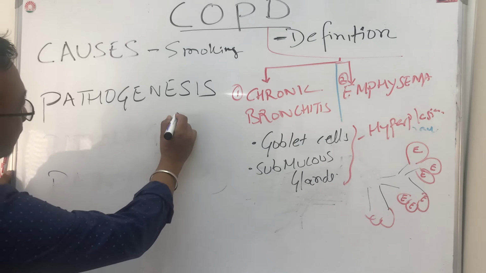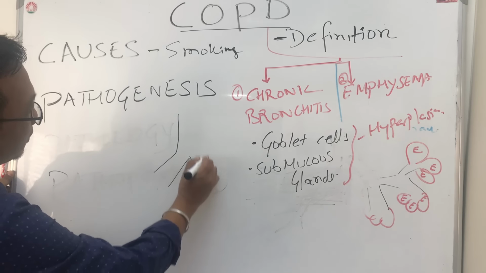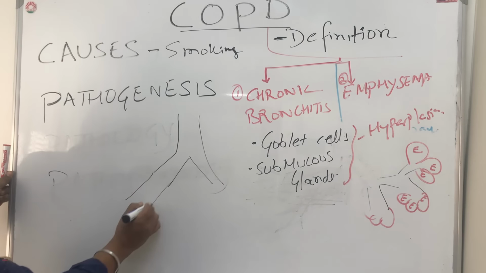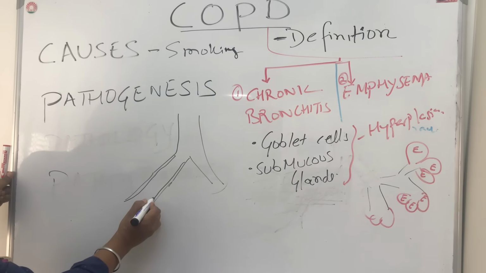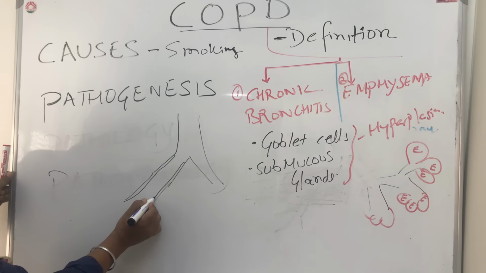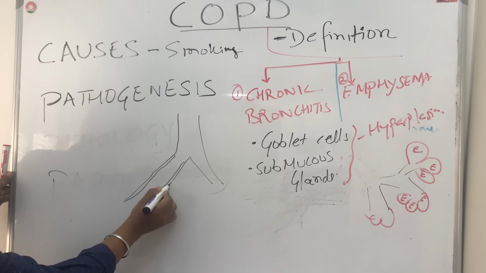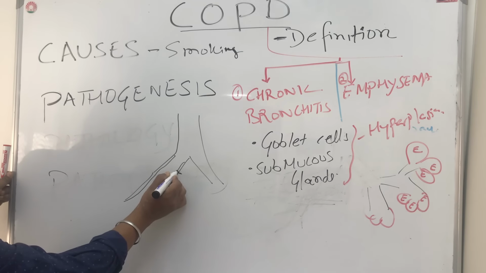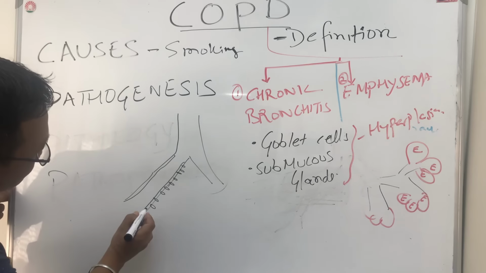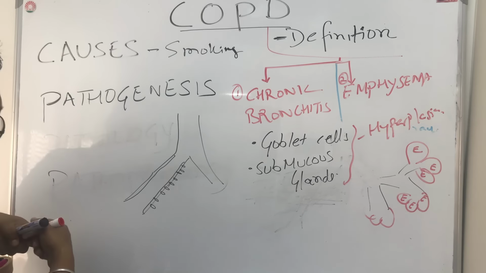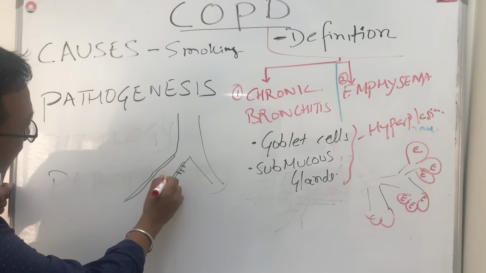So let's say this is the large airway, and here there are some glands which are submucous glands. These submucous glands secrete mucus.